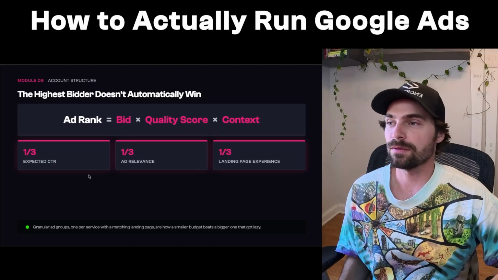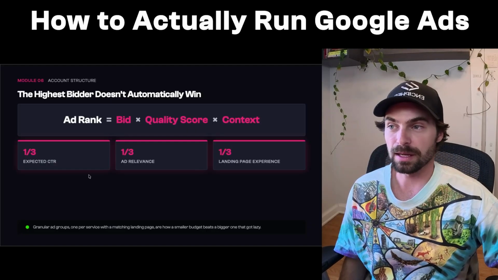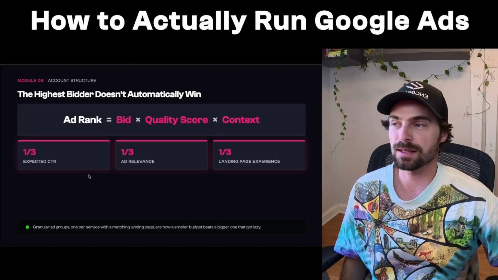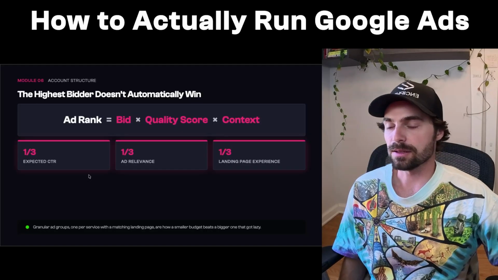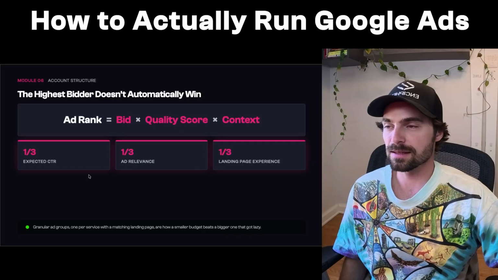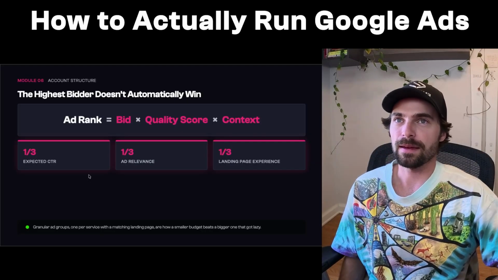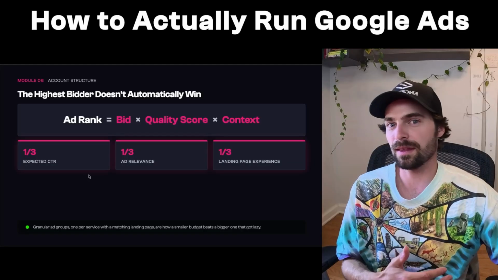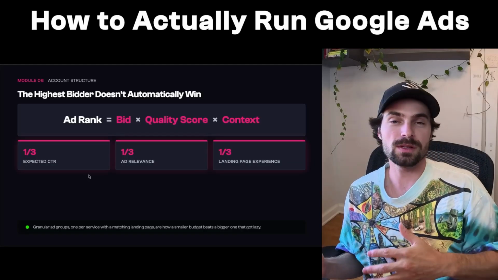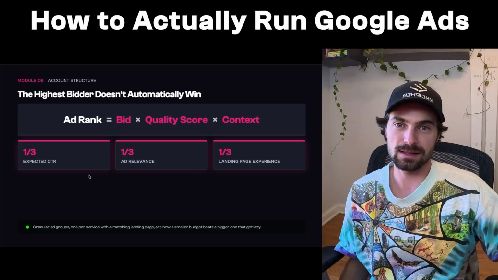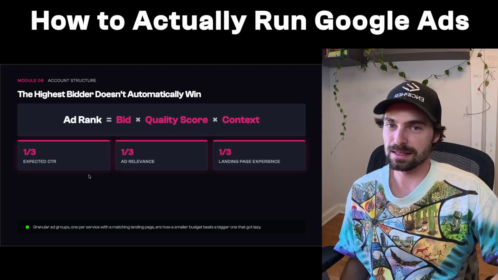It works off of your ad rank, which is your bid times your quality score times the context of the ad. So in the case of Google Ads, Google is an incredible company, and advertisers fund the company, but users using Google are what keep the advertisers there. And this is all going to make sense in a sec.